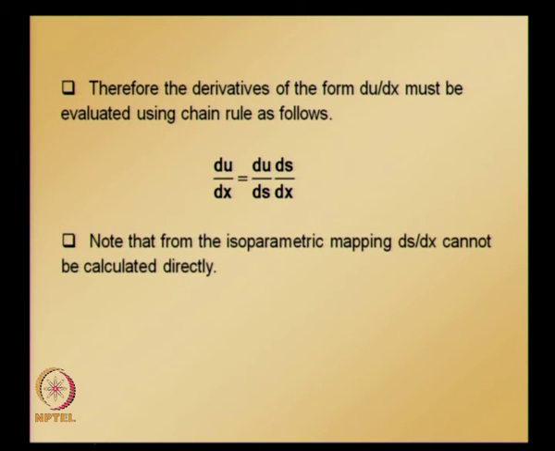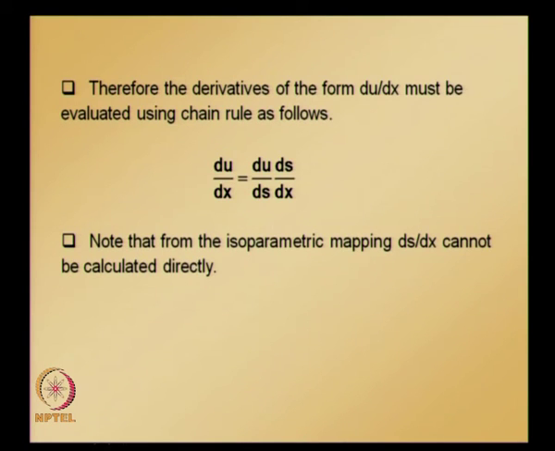Note that from isoparametric mapping, the expression that we have is x in terms of s. So it is easy to calculate dx/ds. So note that from isoparametric mapping, ds/dx cannot be calculated directly.